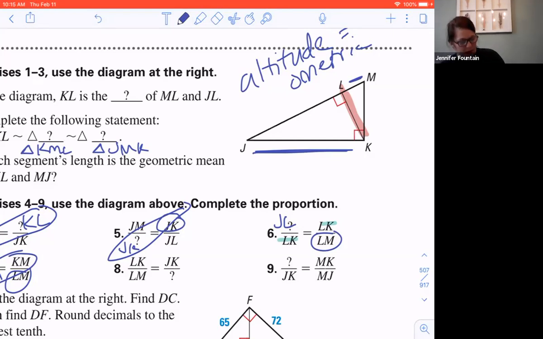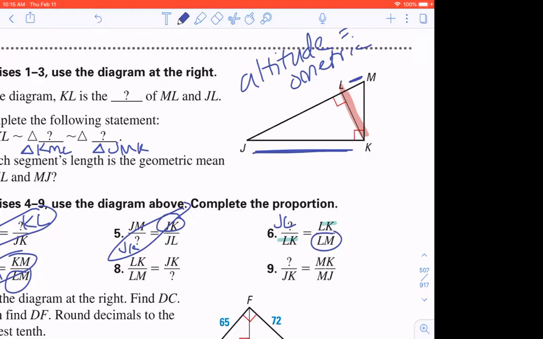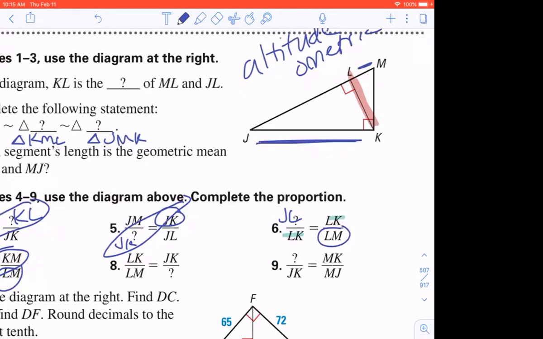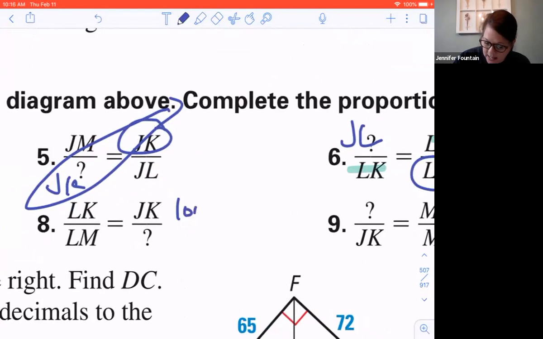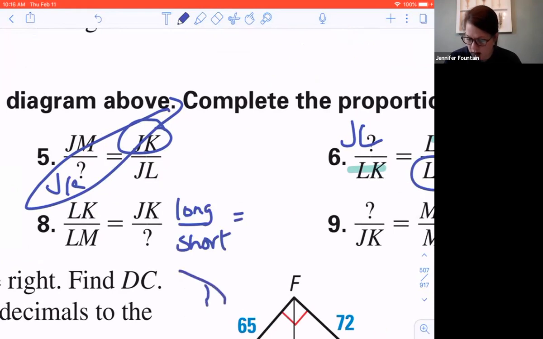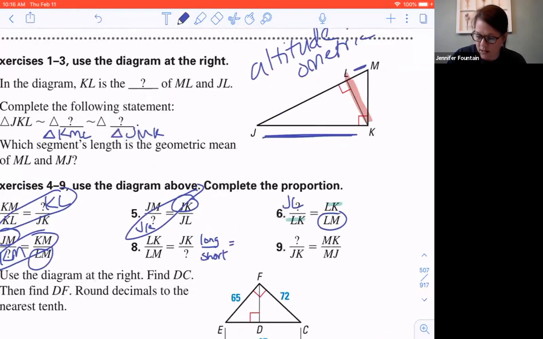So now what am I going to be comparing with the next one? Look at LK. I've got long leg over short leg. So I've got the long leg over the short leg of the first one. Long leg, short leg. Are y'all good with that? LK over LM, I've got long over short.